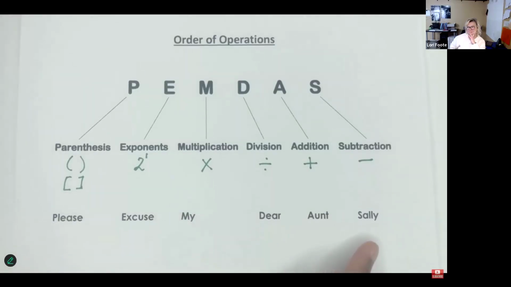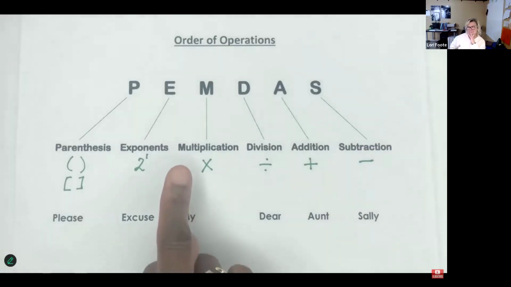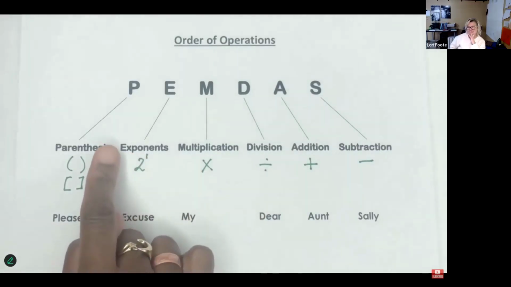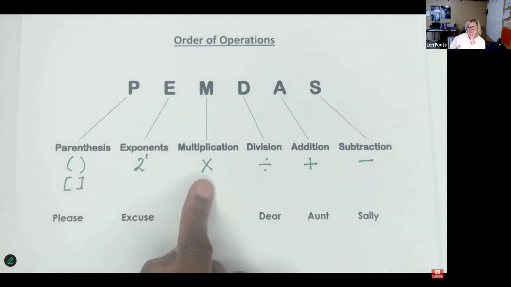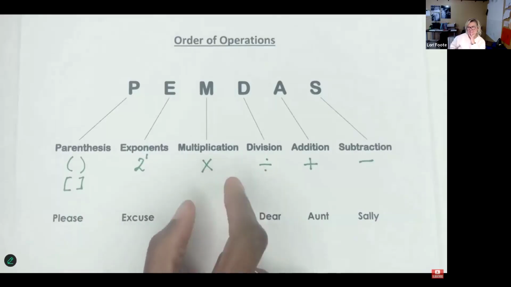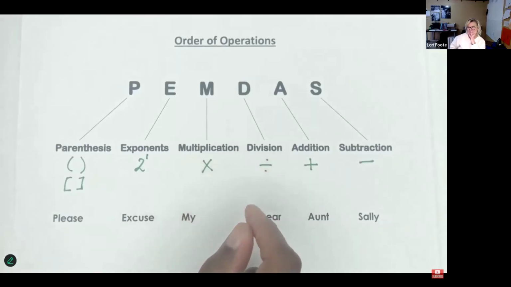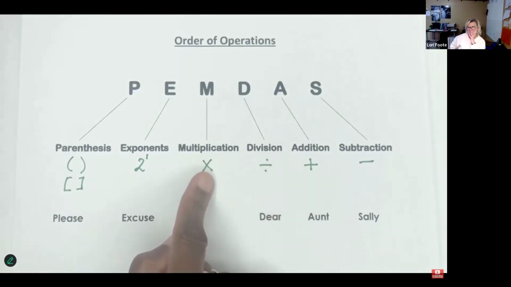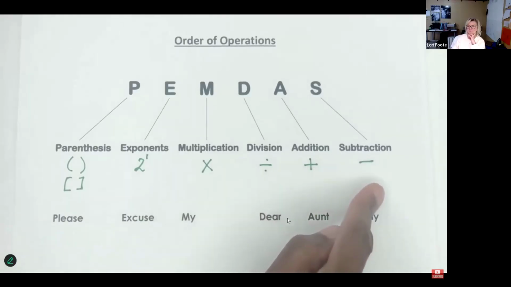This is where I have the problem. I have the problem with this because it doesn't show left to right, right? So people think that this is a hard and fast rule. So if you are doing a specific problem and the multiplication is first, you do the multiplication first. But if the division is first, they're interchangeable, right? So this is where the problem comes in. So it's not a hard and fast rule. So they think that the multiplication always precedes the division and that the addition always precedes the subtraction, right?